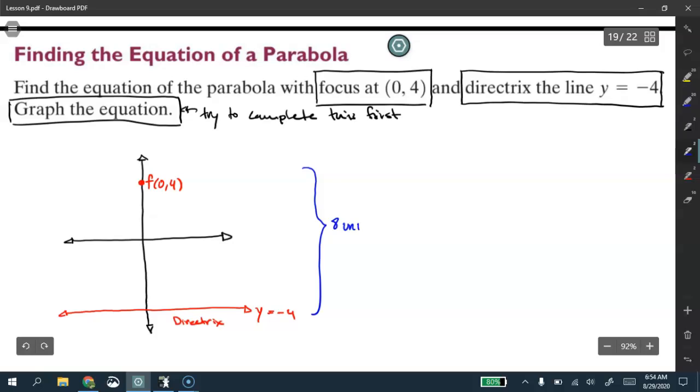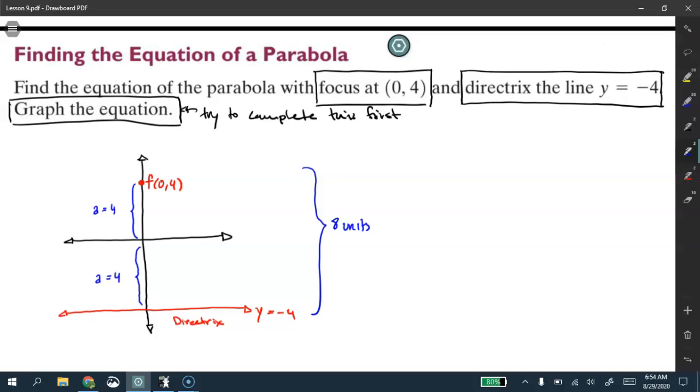If that is 8 units, the value of A is always going to be half that amount. So that must be 4 units and then 4 units, the same value of A. So A is equal to 4 in this situation.